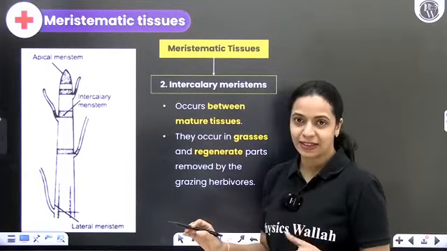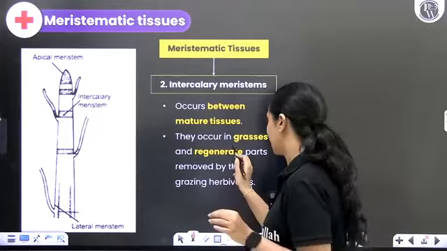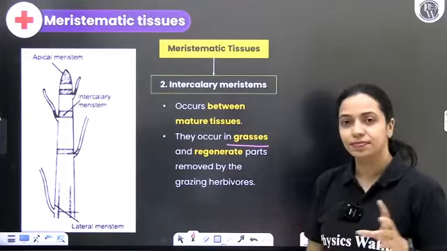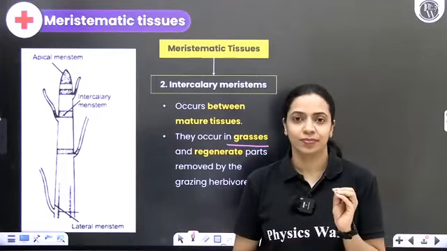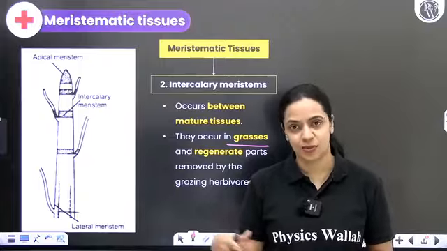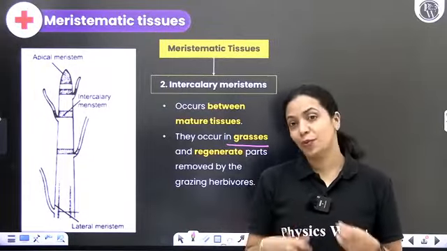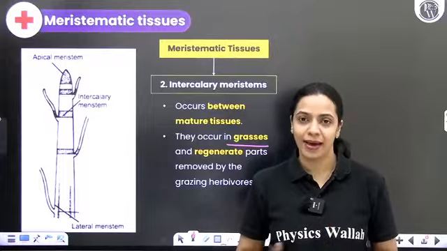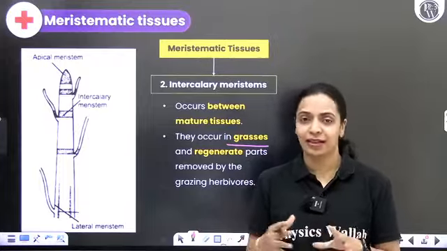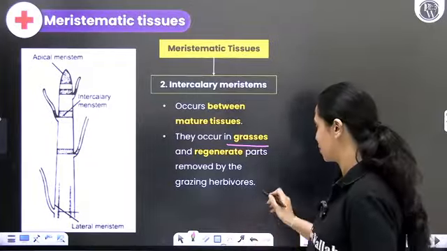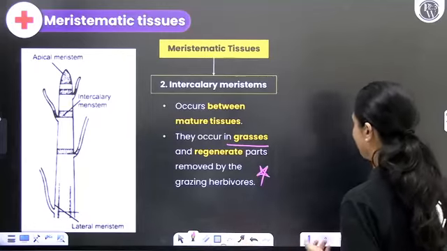You can mostly find them in monocotyledonous plants like grasses. When herbivory happens, herbivorous organisms feed on these plants. If the plant is partially broken and has to regenerate and grow back, then this intercalary meristem will help in its growth.